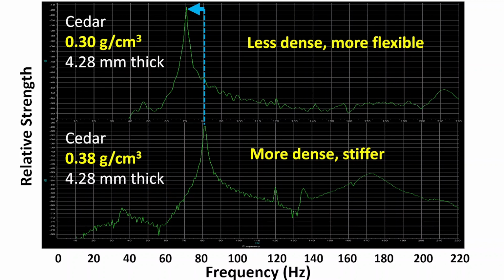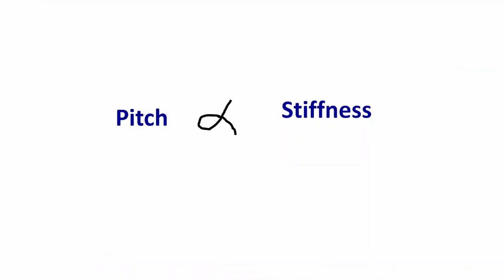All right, so what's the relationship that's going on here? Well, it turns out that the pitches that we hear are related to stiffness. So if you have higher stiffness, you get higher pitch, and that's what we heard. You have lower stiffness, you have lower pitch. Okay, so we could observe that.